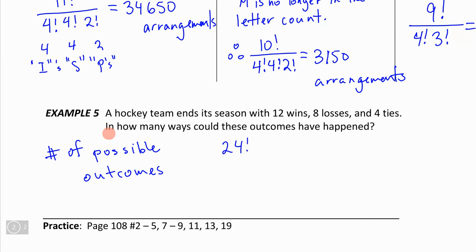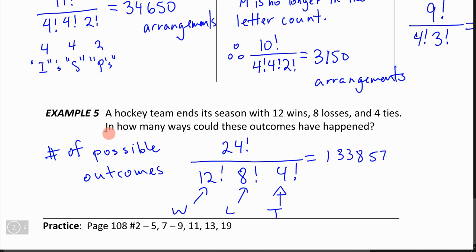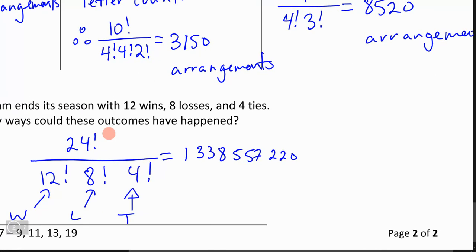But because we have repeating items here, we have to do 12 factorial for the wins. And then we have 8 factorial for the losses, and we have 4 factorial for the ties, giving us still a fairly large number, 1,338,557,220 possible ways these outcomes could have occurred.